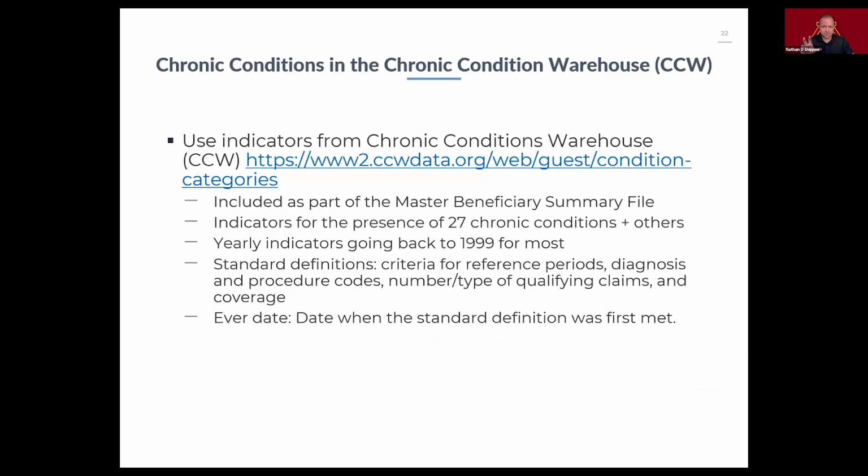This next piece is very relevantly tied to that. So I'm going to give you some background on the CCW flags here. Just note that we'll come back to this work by Hebert et al. in a second. All right, so chronic conditions in the Chronic Condition Warehouse, or CCW, you can go to ccwdata.org. They list all of the condition categories, and I should say categories because these are broad categories.